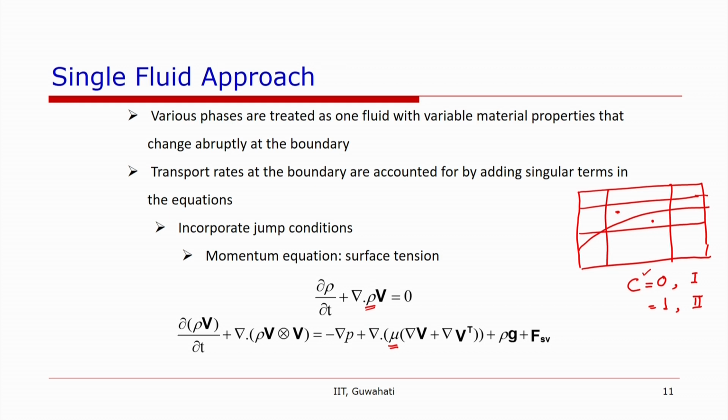Basically by having variable properties, we are solving one set of equations. Now comes the boundary conditions at the interface. If you remember the boundary conditions that we discussed at the interface, we need to have velocity continuity.